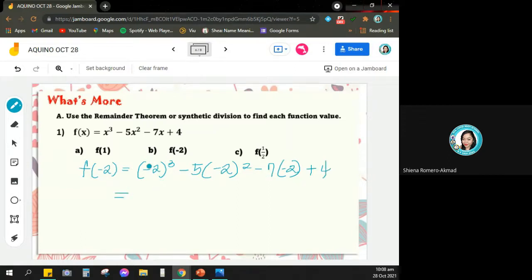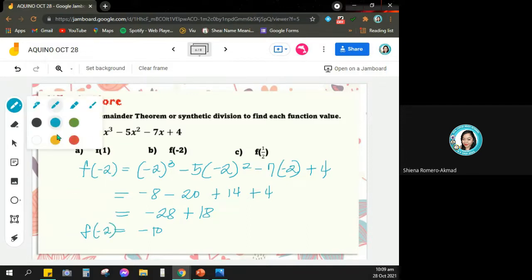So this is negative 8. This is positive 4, so negative 20. This is positive 14 plus 4. So this is negative 28 plus 18. The answer here is negative 10. So f of negative 2 is negative 10.